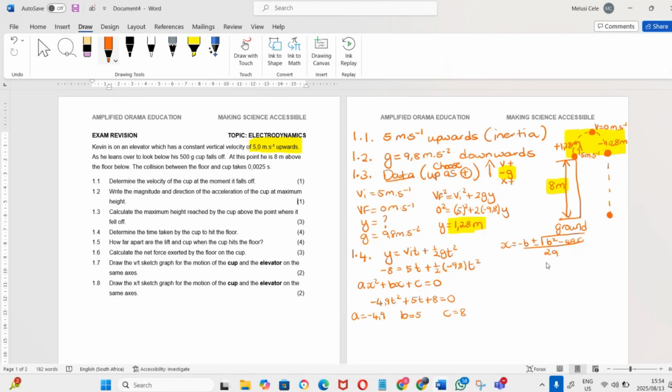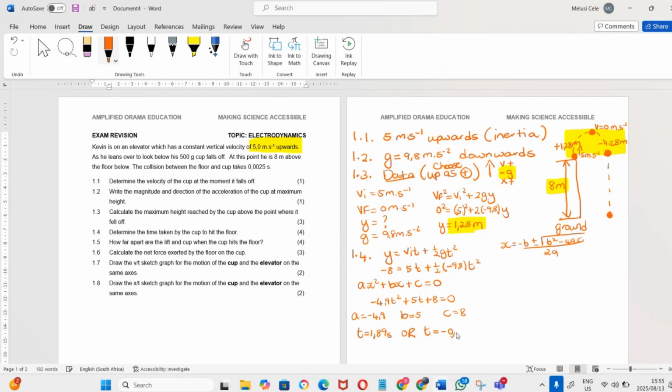My value of A is negative 4,9, my value of B is 5, and my value of C is 8. So the first value of x that I'm getting, which is time in this case, is 1,89 seconds.